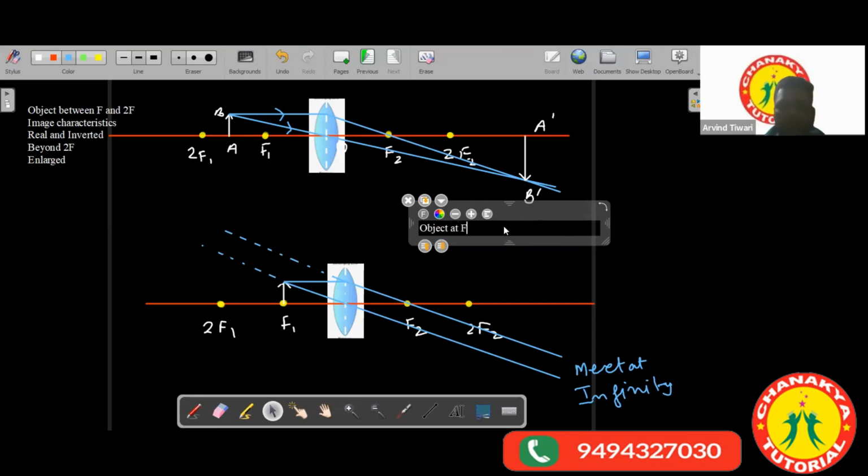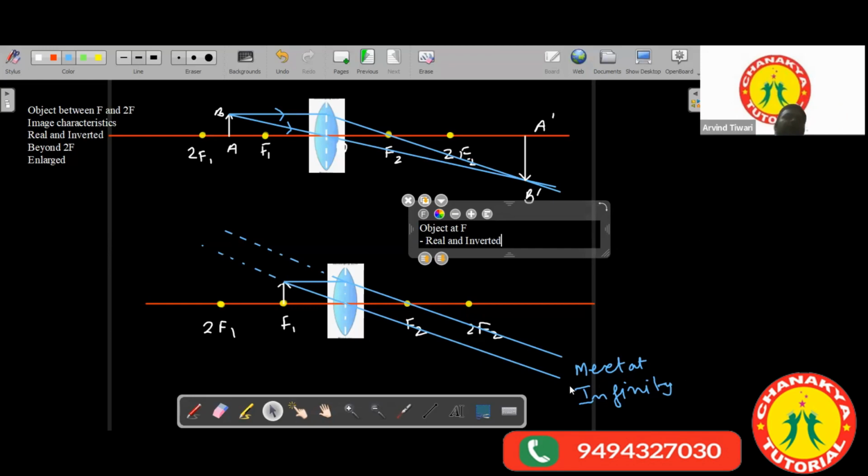Okay. So see, many students are confused about what to write. Should we write a real image or a virtual image? First of all, our answer is that the image formed is real and inverted. We say the image is real and inverted because we are assuming here that the light rays are actually meeting at infinity.